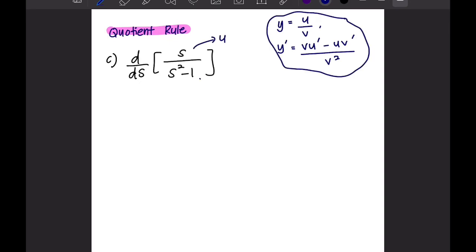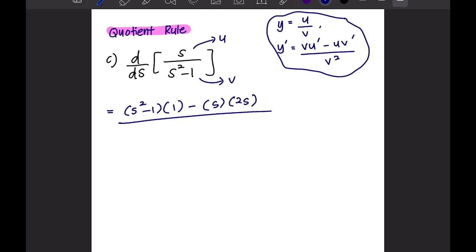So for this function, s is u, s squared minus 1 is v. To differentiate this F(s), v u prime, so v is s squared minus 1, u prime, differentiate s, you will get 1, minus u times v prime, and then divide by v squared, (s squared minus 1) squared.